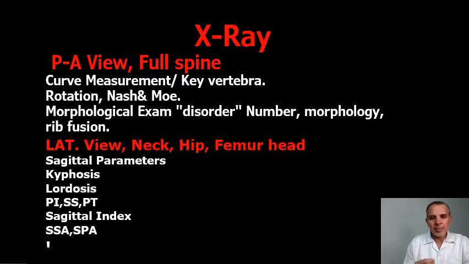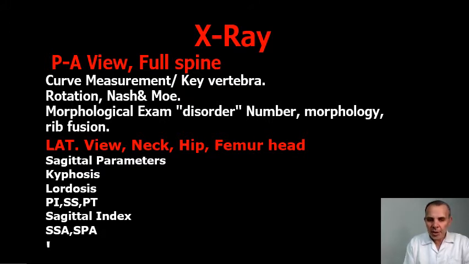We can also obtain the morphological exam, or the morphological disorders: the number of vertebra, if there's an extra number, if there's a wedge vertebra, butterfly vertebra, all the morphological changes that happen in certain types of scoliosis. It's very easy to determine, and this is maybe the only way to diagnose these particular disorders.